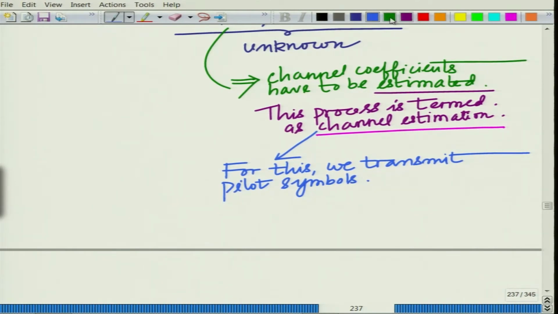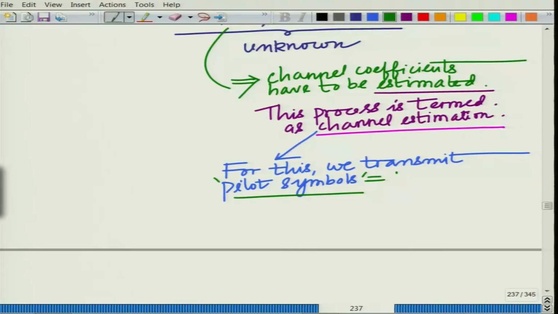What are these pilot symbols? They are known symbols transmitted by the transmitter purely for the purpose of channel estimation, right. So, these are not information bearing symbols, these are a set of predetermined symbols that are transmitted by the transmitter, which are also known at the receiver, purely for the purpose of channel estimation, all right.